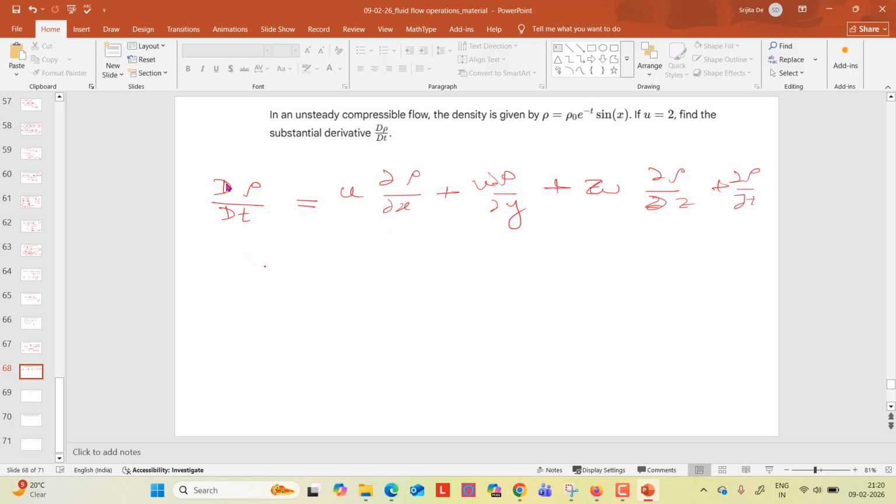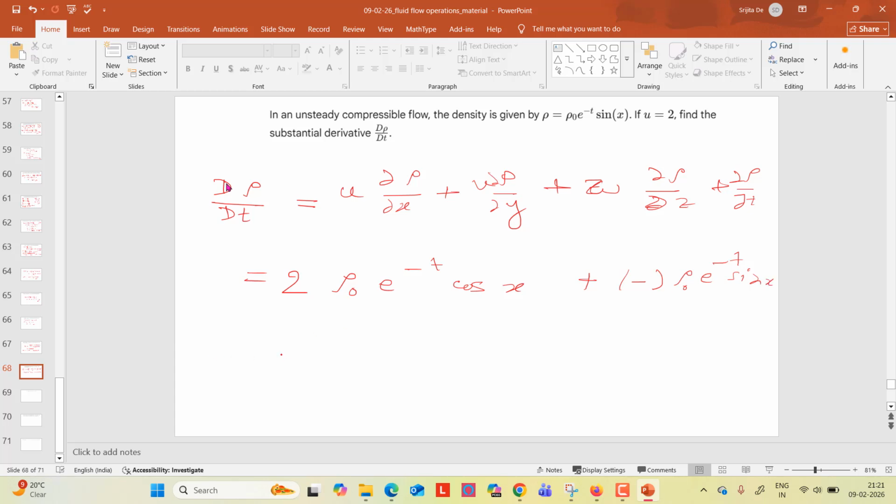So u is 2, del rho del x is there, so it is rho 0 e to the power minus t sin x, derivative is cos x. Del rho del y, it is not a function of y and z, so leave it. So del rho del t is minus rho 0 e to the power minus t sin x.